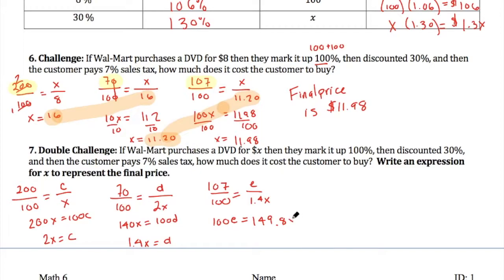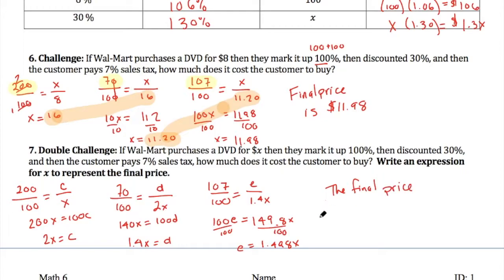And if we divide both sides by 100 here, then we will get that E is equal to 1.498x. And so what does that mean? Well, that's certainly our expression. 1.498x is the expression for what the new price is going to be.